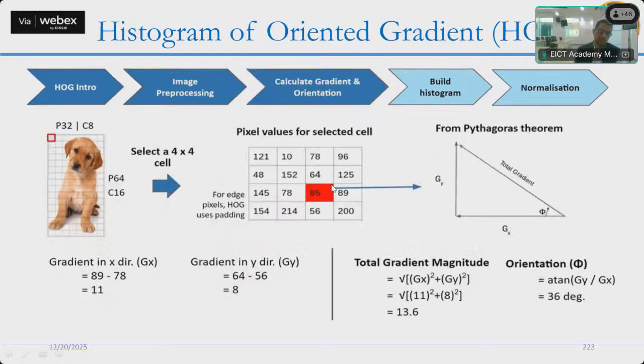When you are taking 4 by 4, what is this value? This is 121, this is 10, 78, 96. Can you tell what this value is here? Remember this. Can you tell what this value is?